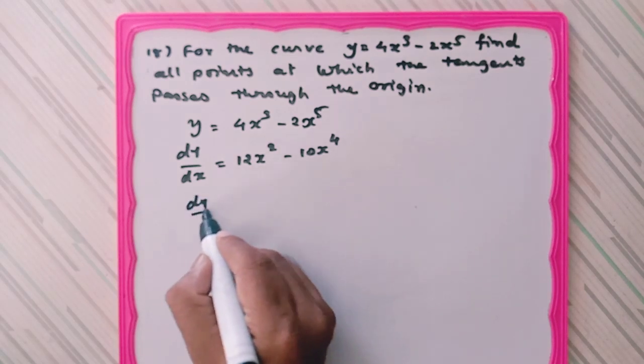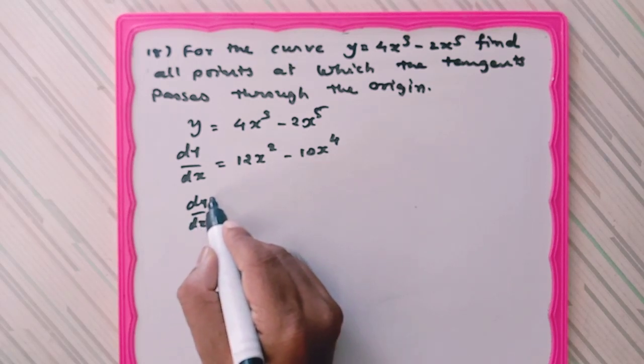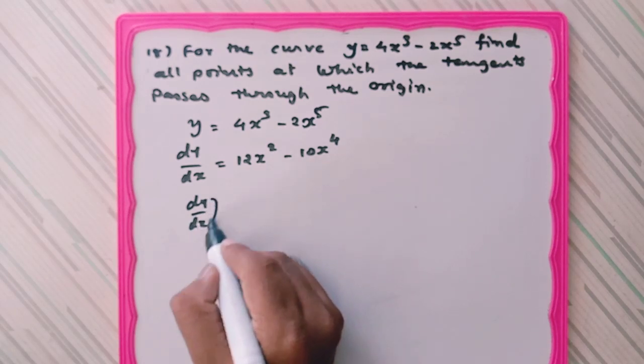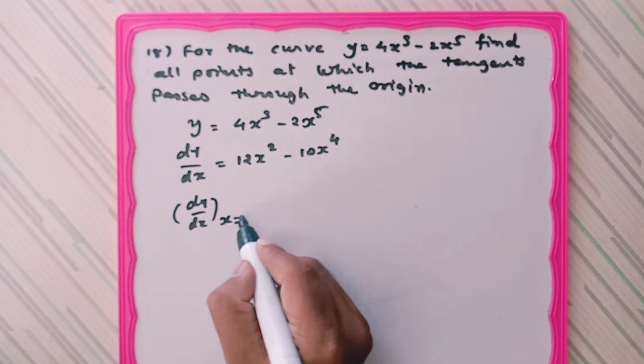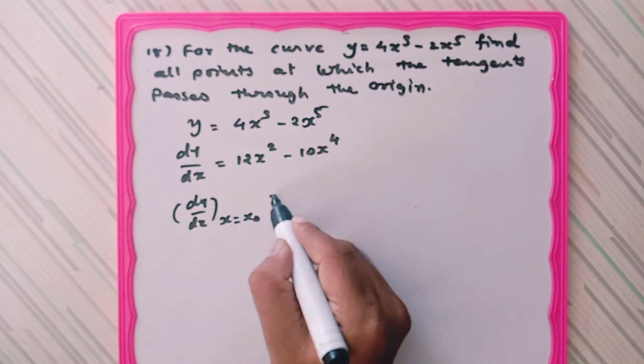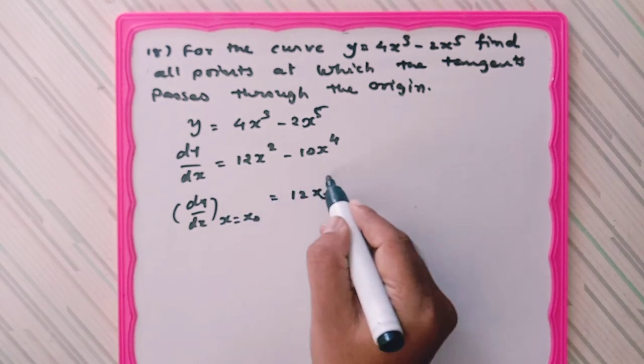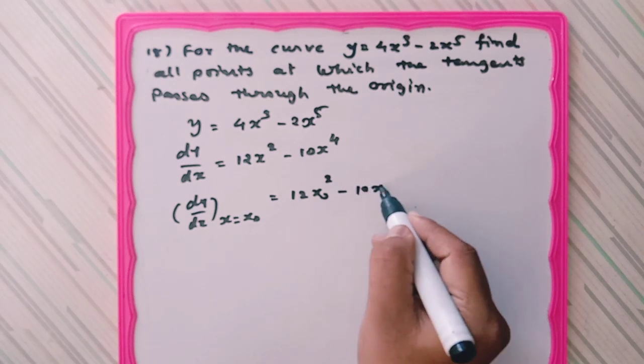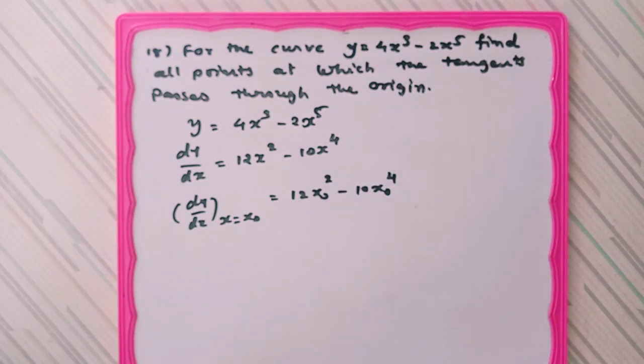And so dy by dx at x equals x0 will be 12x0 square minus 10x0 raised to 4.